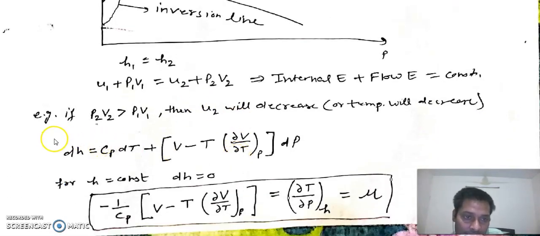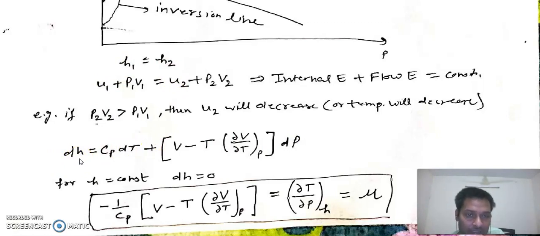This one is the change in enthalpy equation which we have derived in our previous class: dH equal to Cp dT plus [V minus T (del V by del T) at constant pressure] dP. Here H1 is equal to H2. It means dH will be 0 because there is no variation in enthalpy.